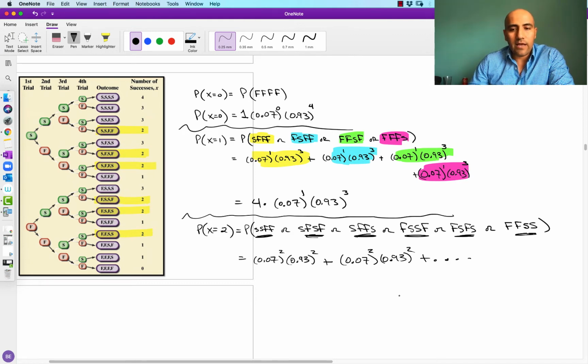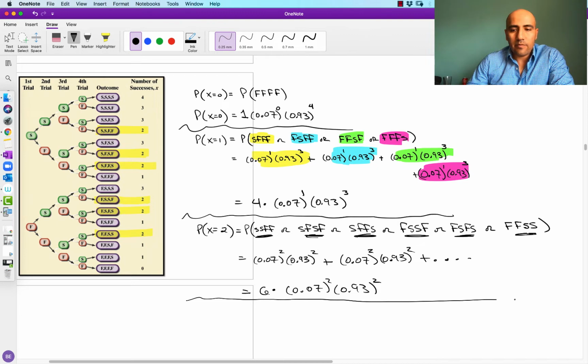So I don't have to write it all out. I know that there's going to be 6 identical values that we're adding together. So we can just jump down to saying that this is going to be 6 times 0.07 squared times 0.93 squared, and that's the probability that x equals 2.